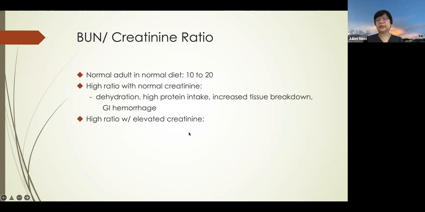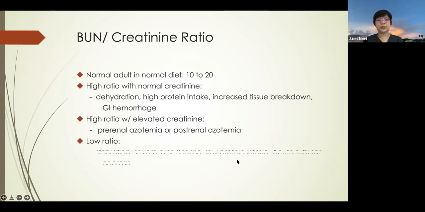High ratio with elevated creatinine, now that you see in pre-renal or post-renal azotemia. Low ratio, you would see in starvation, severe liver cirrhosis, low protein intake, and in acute tubular necrosis.